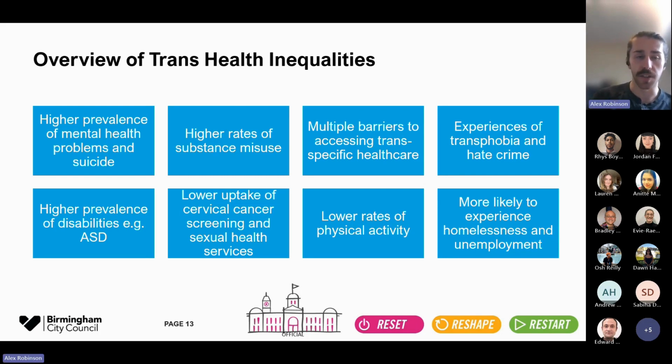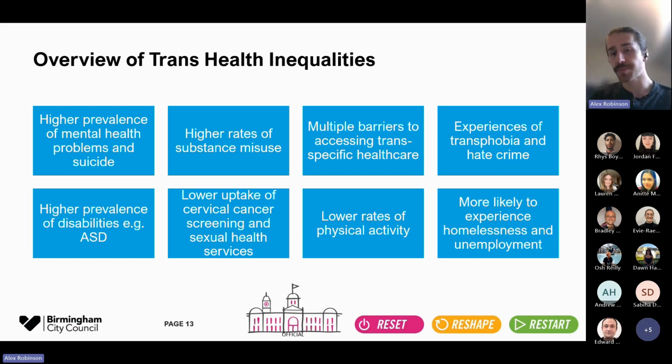Again, and this is consistent across LGBTQ plus groups, there were issues with mental health and suicide. So 70% of trans and non-binary adults have experienced depression or anxiety in the last 12 months compared to heterosexual people.